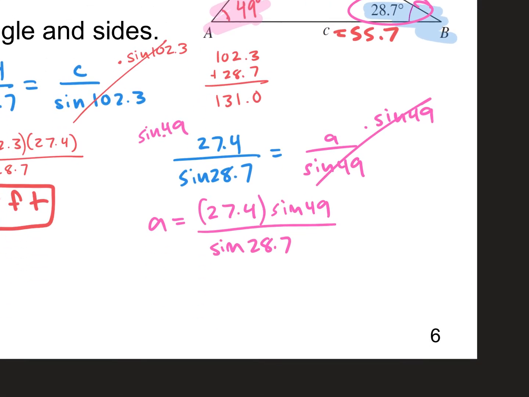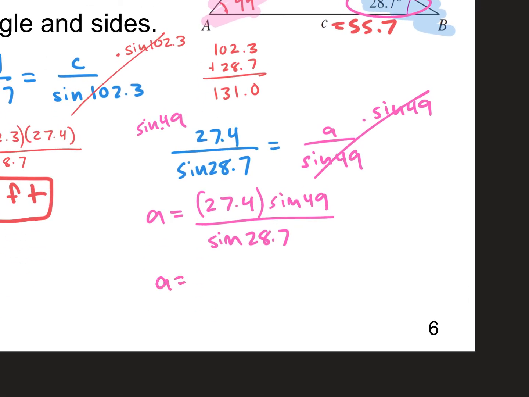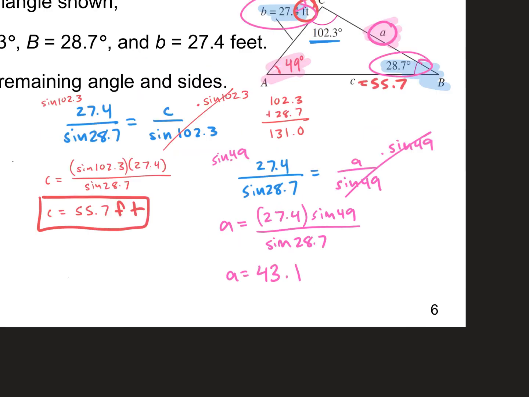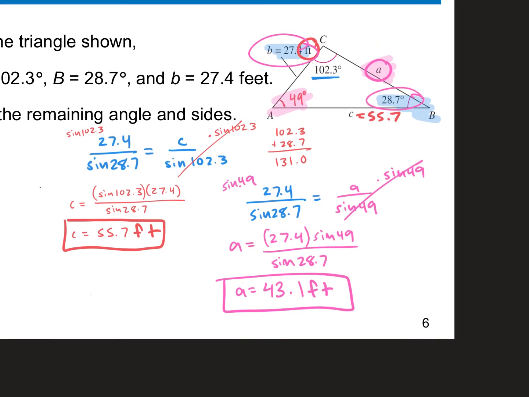Then I put this into the calculator. And then this is in feet. So it gave us three things, and then we found the missing angle, the missing side, and the other missing side.